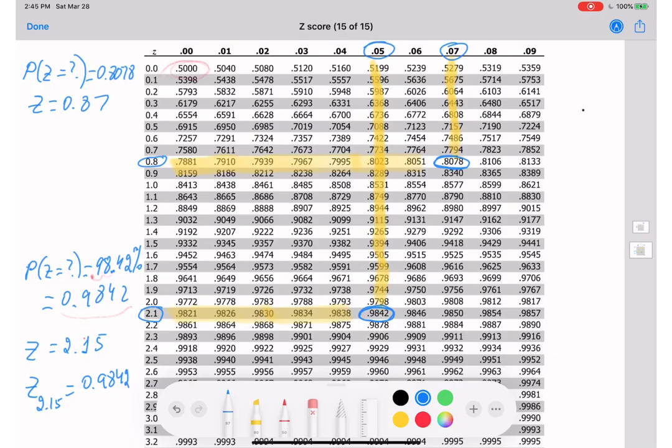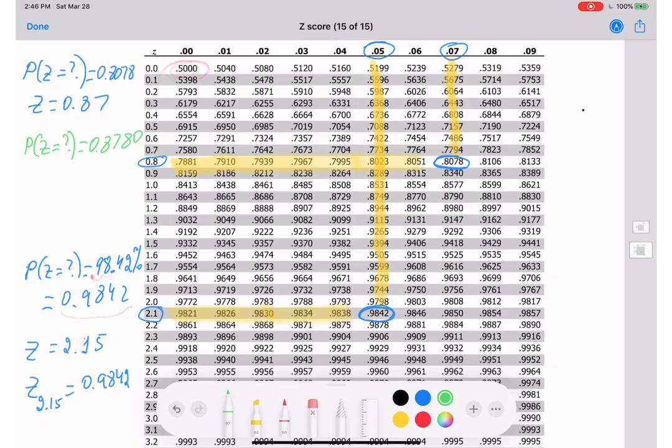For example, let's say I want to find the z-score for probability 0.8780. What are we going to do in this case? How are we going to deal with this?